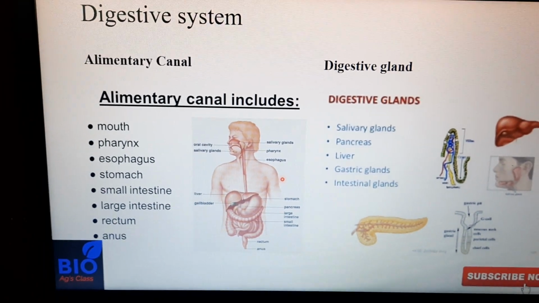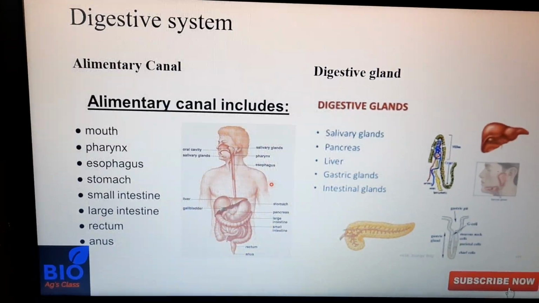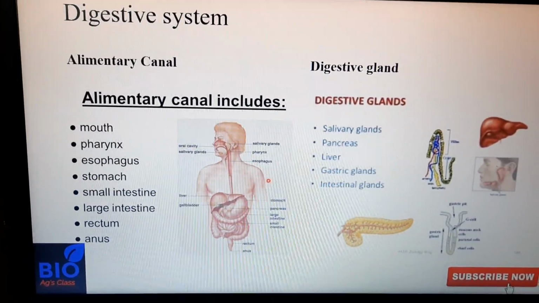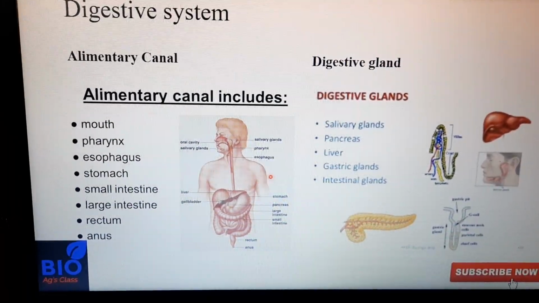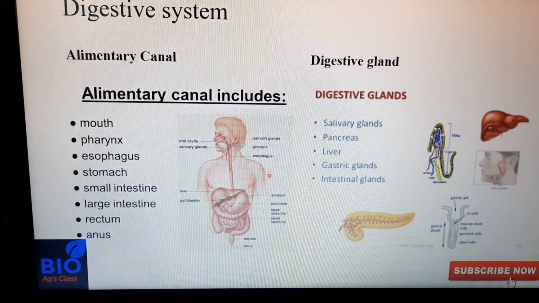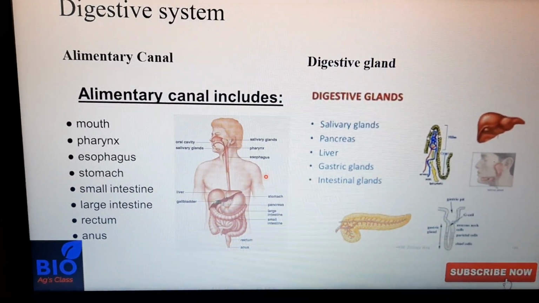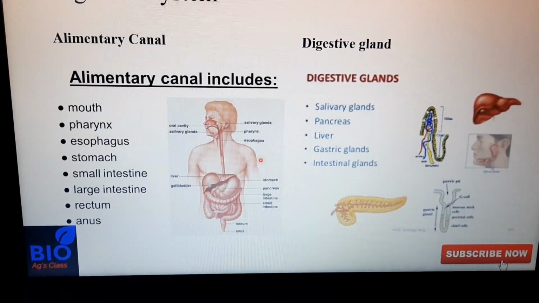After that, the food goes to the buccal cavity, then to the pharynx, and from there it goes to the esophagus. We already read that the esophagus does some work, that is peristalsis.